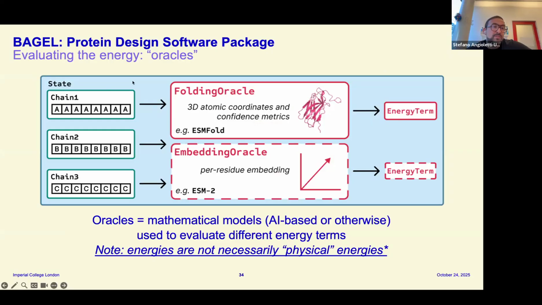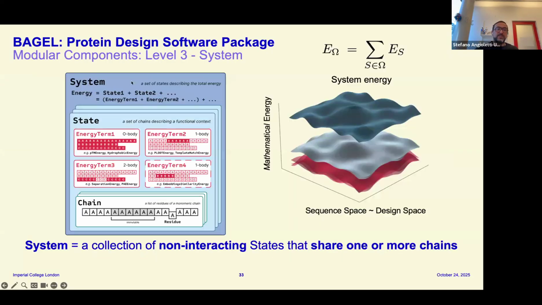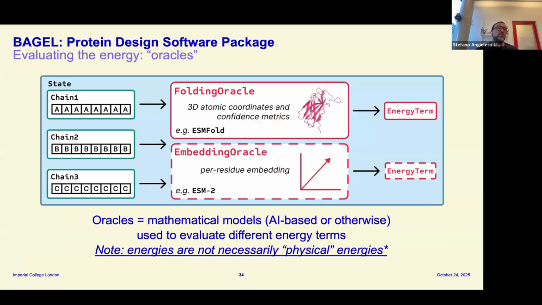Now, once your system has been specified, then you need to specify which oracles you use in order to evaluate the energy terms. What I call here oracles are just mathematical models that connect the sequence of the chain to the final energy term that we want to calculate. For example, one energy term can be associated to the structure of the protein.